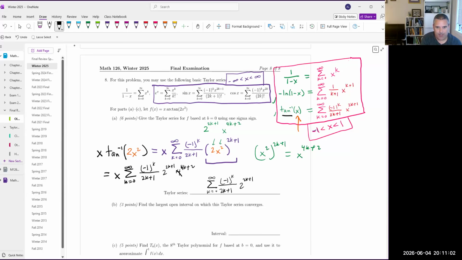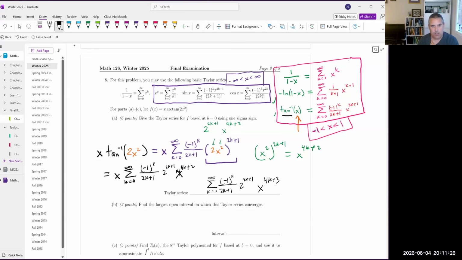Why did I write a 4 here? I have no clue. X to the... Yeah, Rhea, that would be a really hard problem, where you had to square this. We don't square or multiply Taylor series.